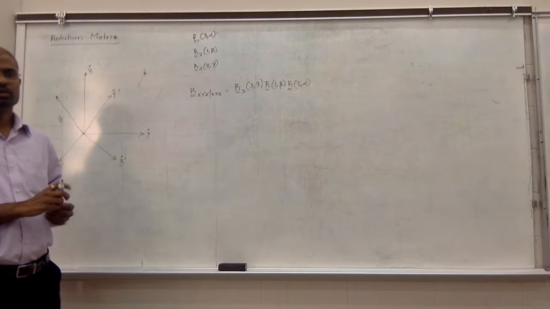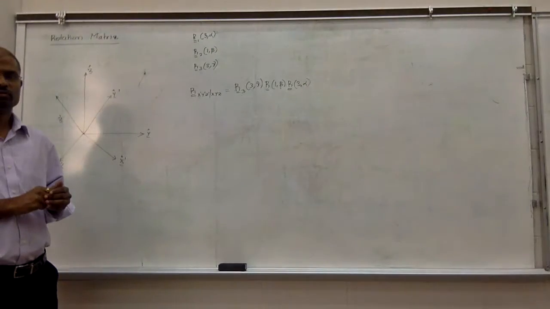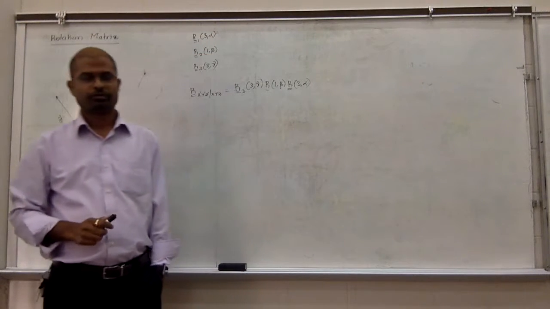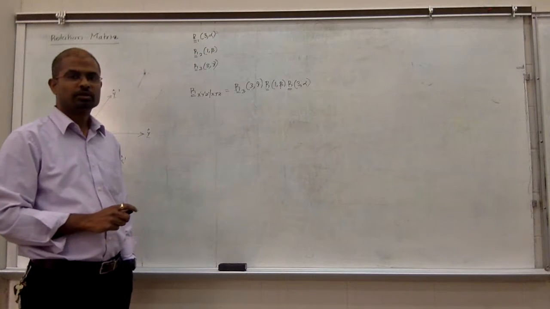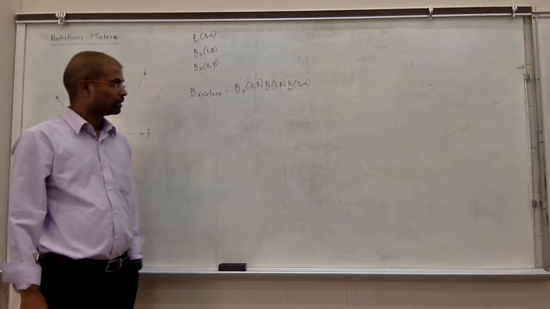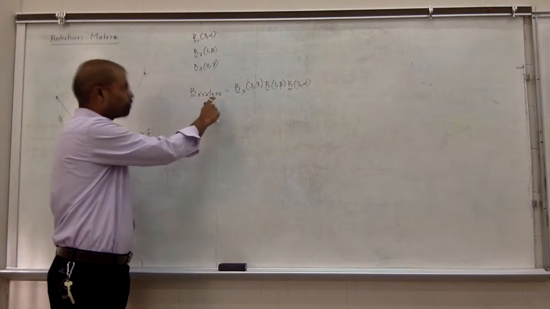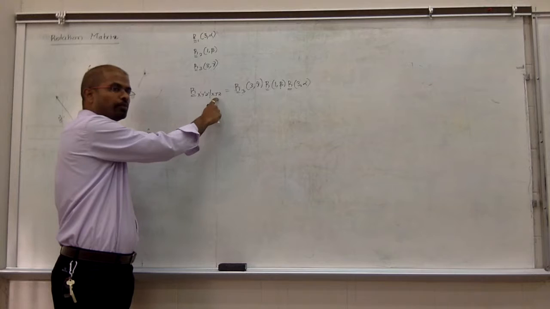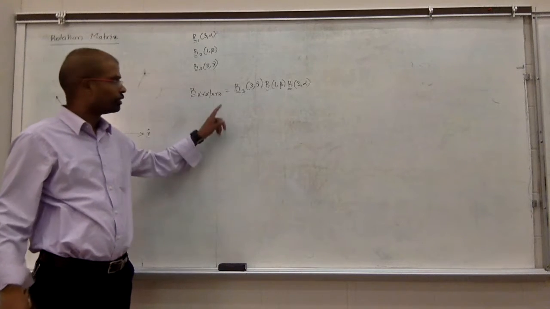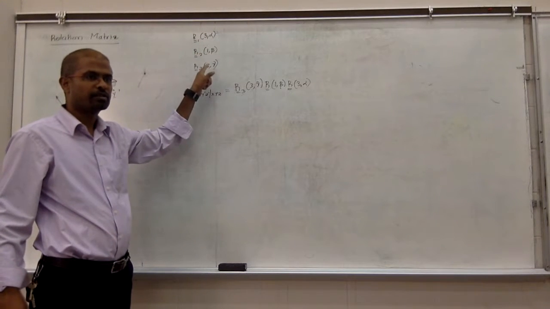This is the formula for complete rotation. This is what we are saying, to go from the XYZ frame to the X prime, Y prime, Z prime frame. We have used 3 rotations about the 3, 1, 3 axes.